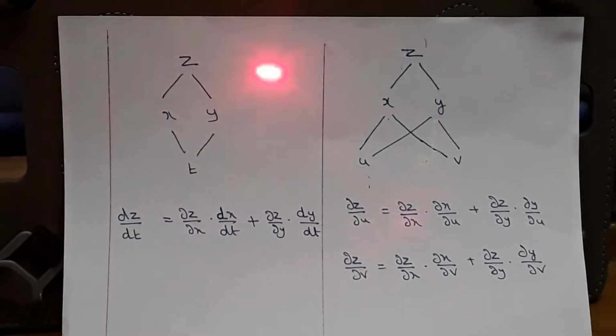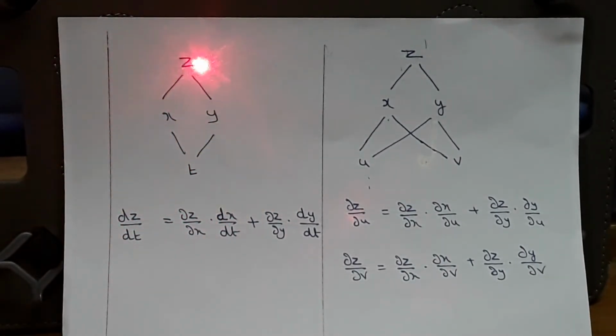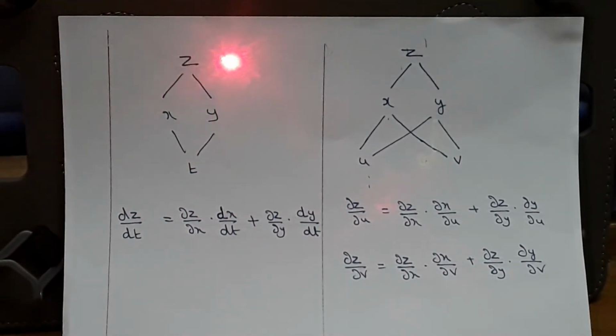You see, z is a function of two variables x and y, and they are functions of another variable t. So finally z is a function of a single variable t.